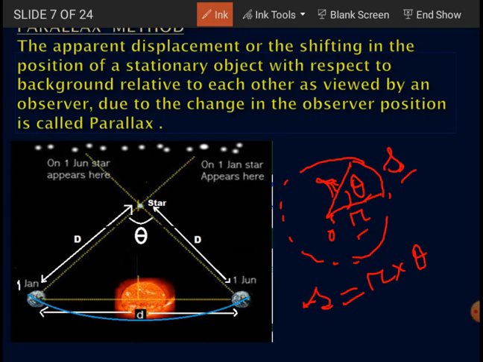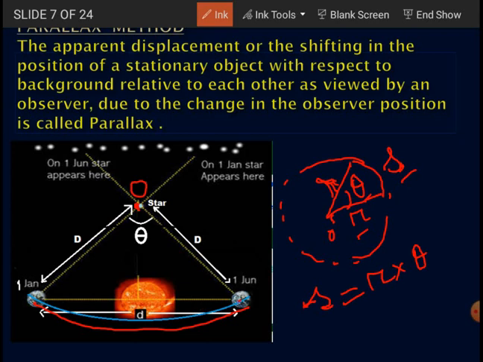So S is equal to R theta. Now in our case also, you take this position of the star as the center of the arc, and you take this arc length, as this angle is very small. Your star is not very close to the earth, it is very far away.